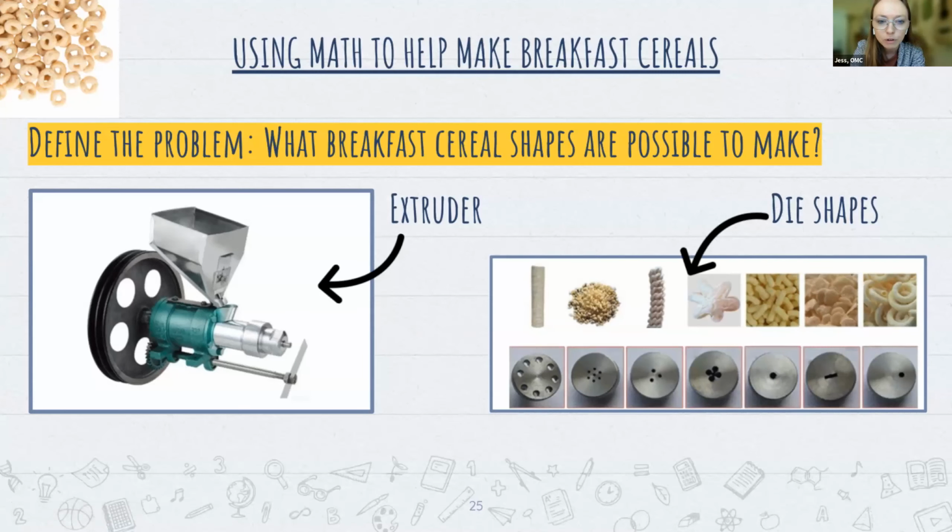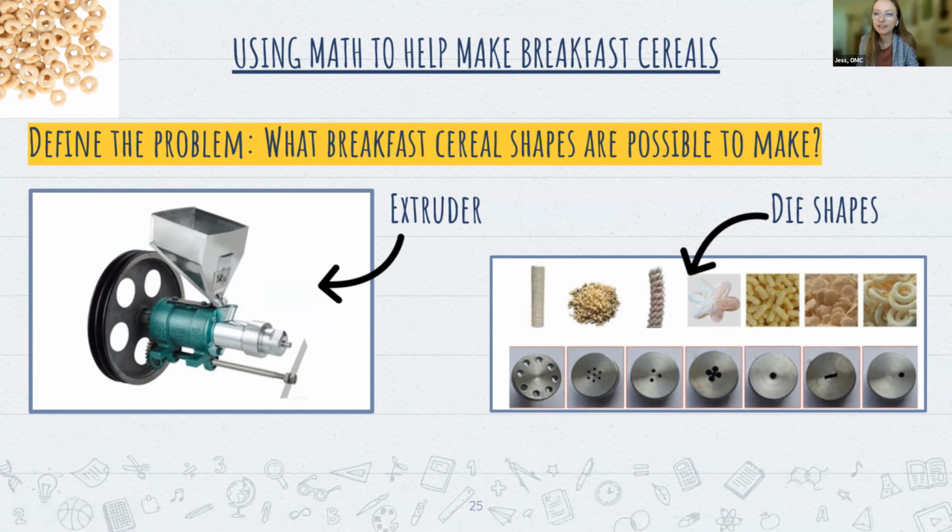If you look at the picture on the right, I meant the die shapes to be pointing at those metal circles at the bottom. On the far left, those circles would extrude out circular shapes. The complicated thing is that the die shape isn't the cereal shape you end up getting, because once it comes through the extruder, the cereal continues to expand when it hits the air.